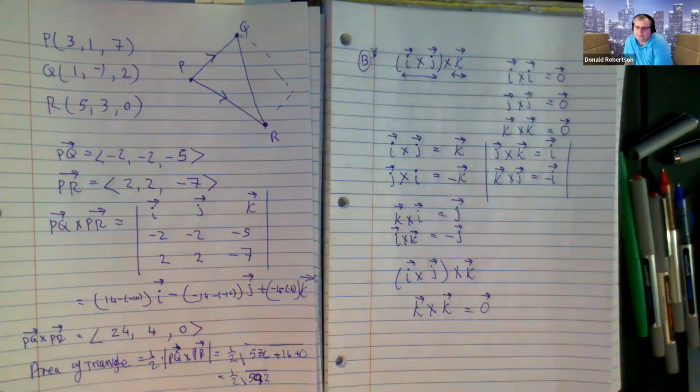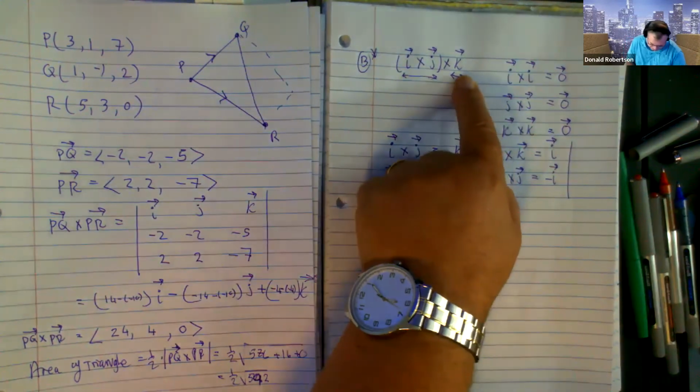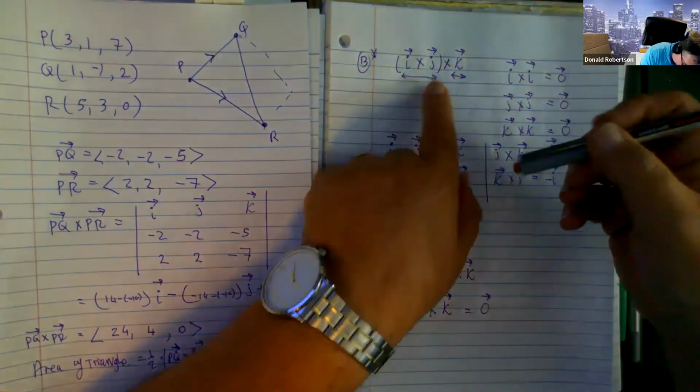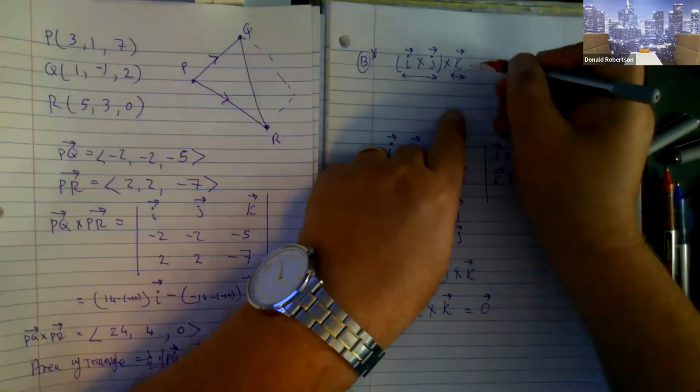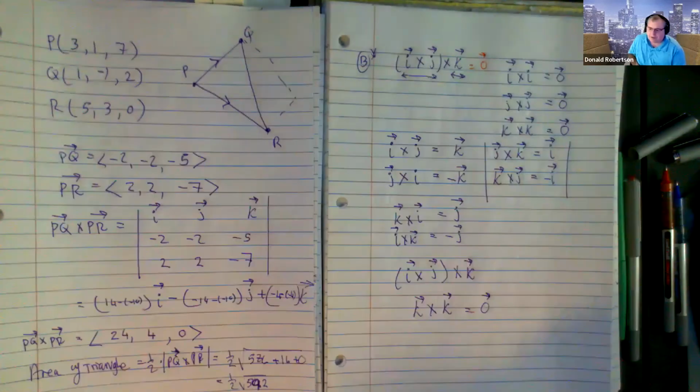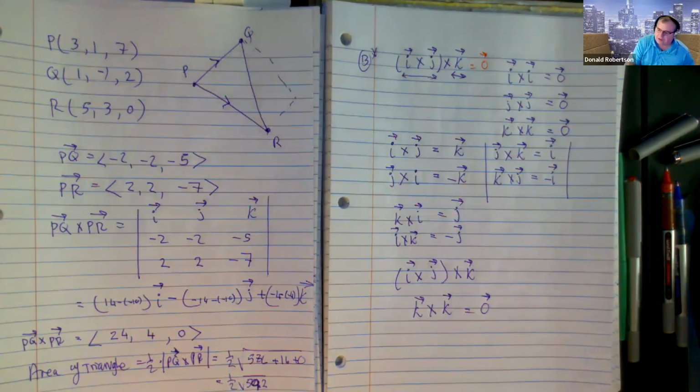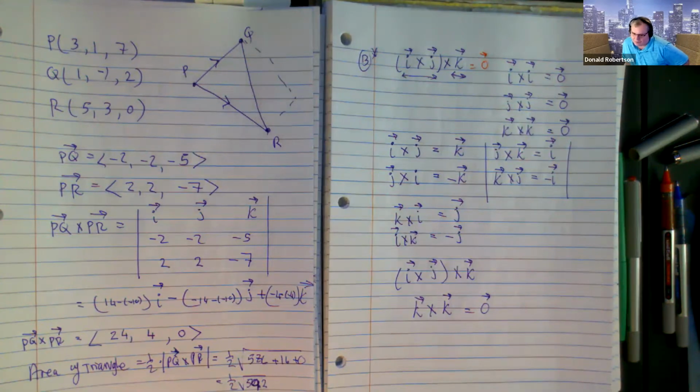And there's your answer. That guy up there is equal to the zero vector. Are you okay with that?